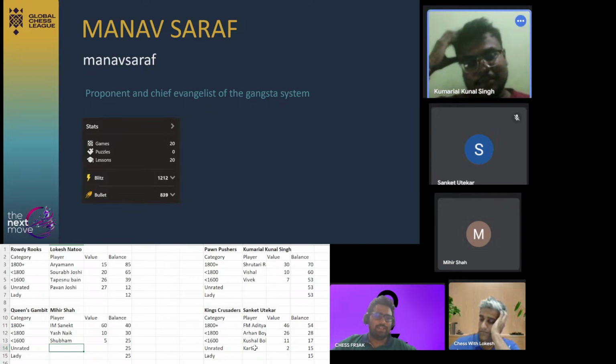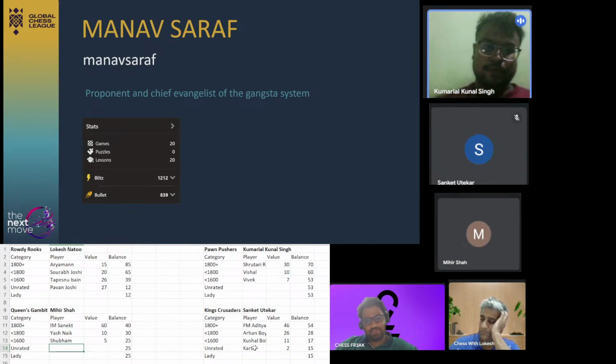Do I see any bids? 18, Sumal? 18 points to the pawn pushers, Manav Saraf. 20 points, Queen's Gambit, Manav Saraf.